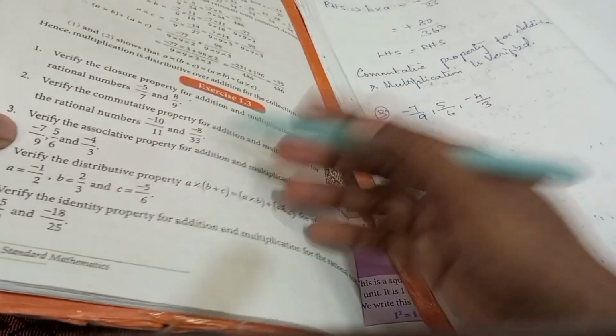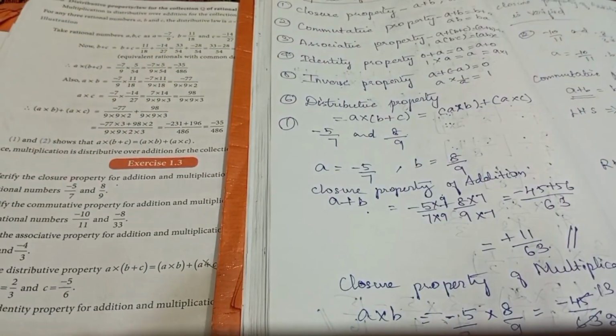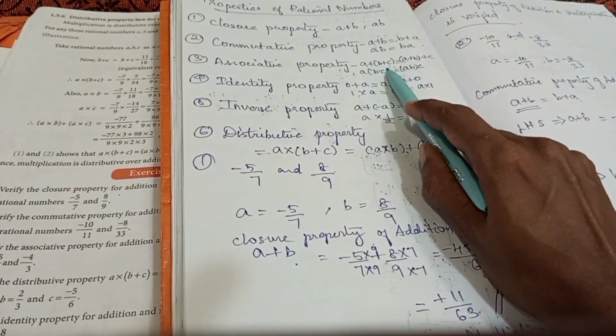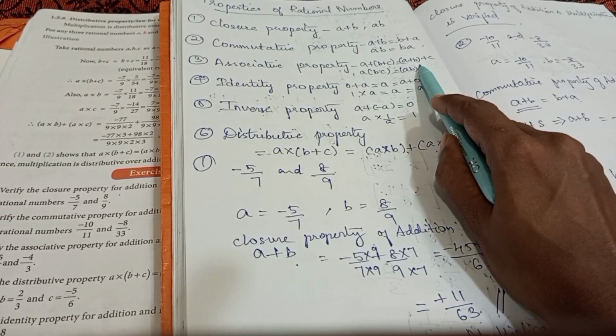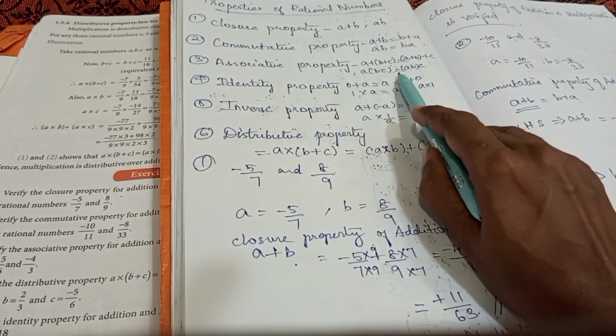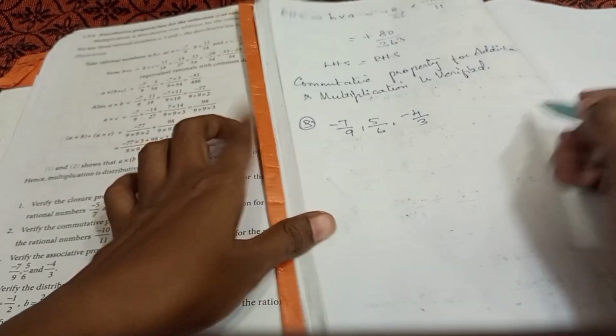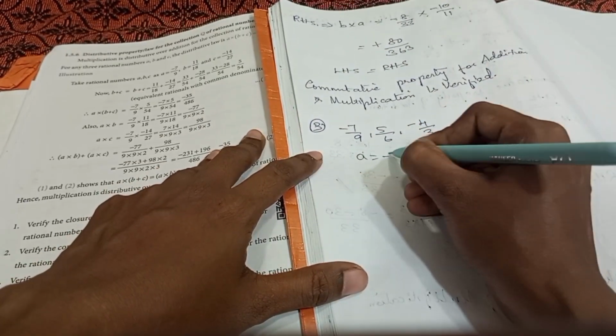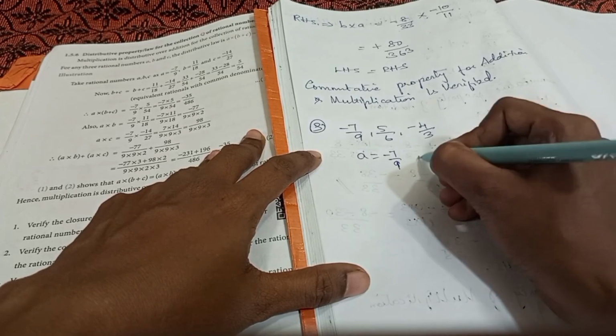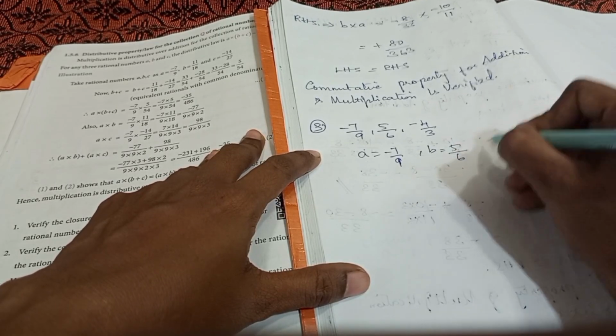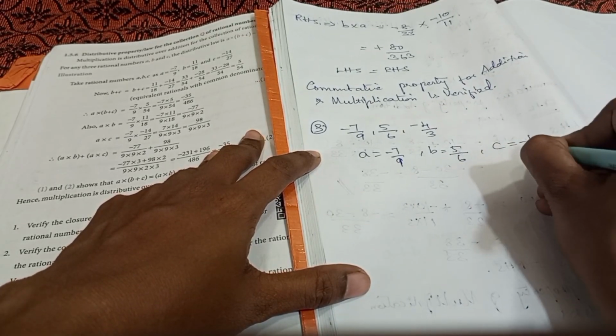What is the associative property for addition and multiplication? You have a plus b plus c equals a plus b plus c, and a into b into c is equal to a b into c. You have to just verify those. So let us say a is equal to minus 7 by 9, b is equal to 5 by 6 and c is equal to minus 4 by 3.